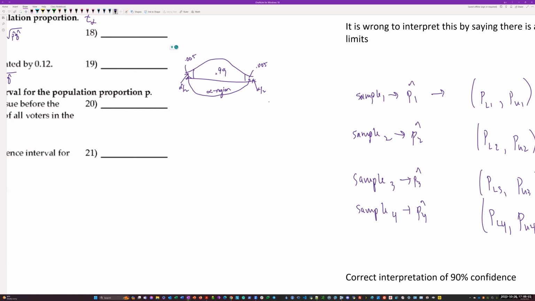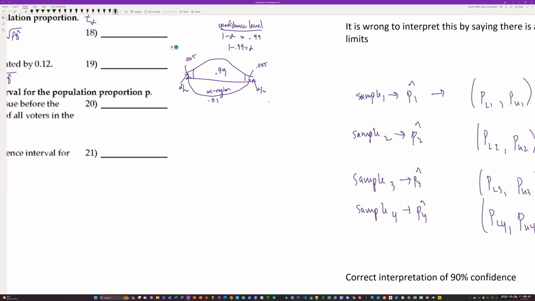We also said that, I know I wrote this down, I can just scroll up to show you if you really want me to. We said that 1 minus alpha, I called that the confidence level. So this is equal to 99%, right? So that means alpha is 1%, right?